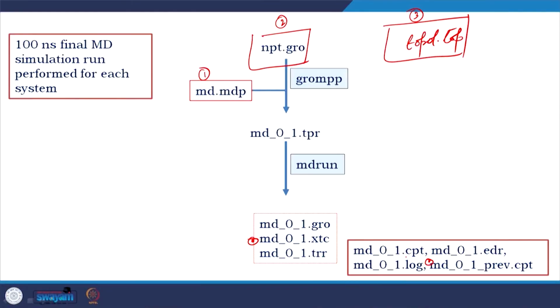The 100 nanosecond final MD simulation is run for each system. So if any problem happens, before it was like 1 hour or something, now it is like 6 days, 10 days. After the end of 10 days, if you have to rerun it, it is really a loss of time. So they make a checkpoint file, and they make a previous checkpoint file as a backup.